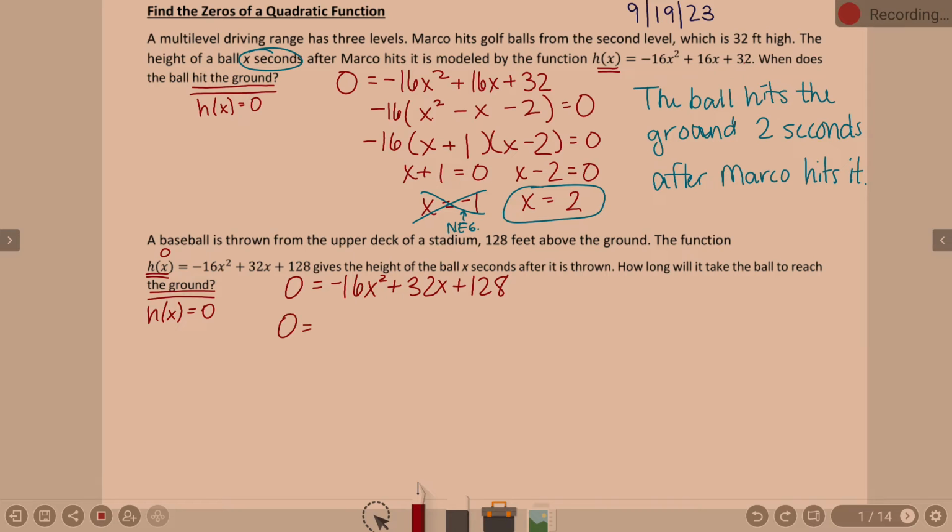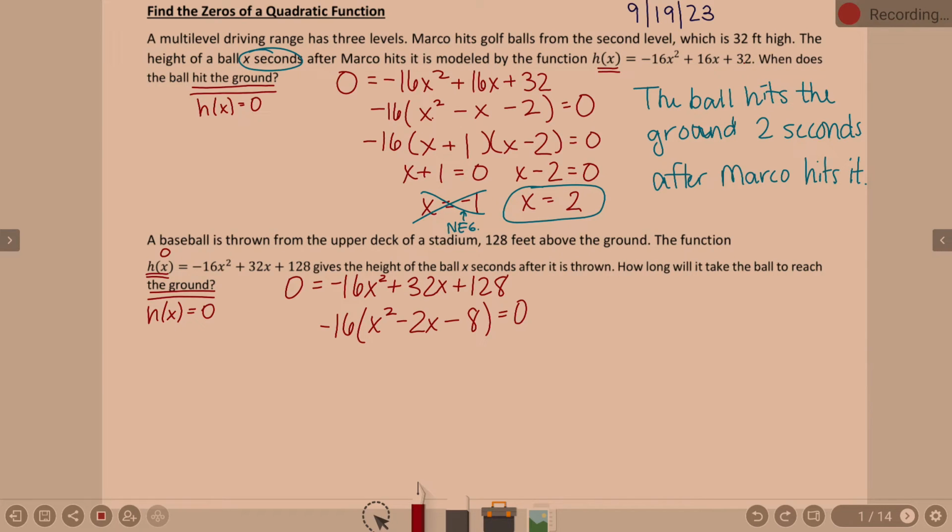So if I factor out a -16, -16 x squared divided by -16 leaves me with x squared. 32x divided by -16 leaves me with minus 2x. 128 divided by -16 is 8? Yep. Minus 8. And again, this equation equals 0.